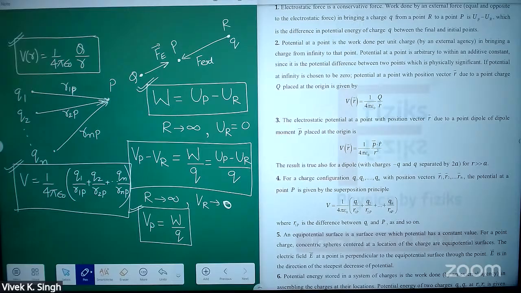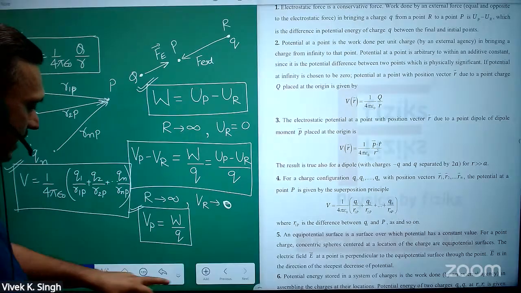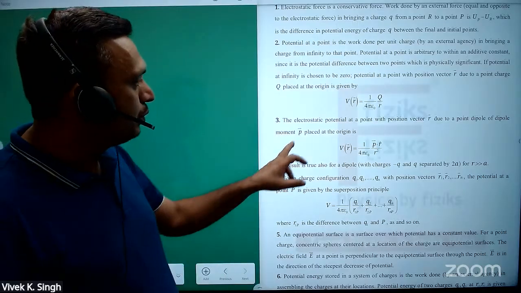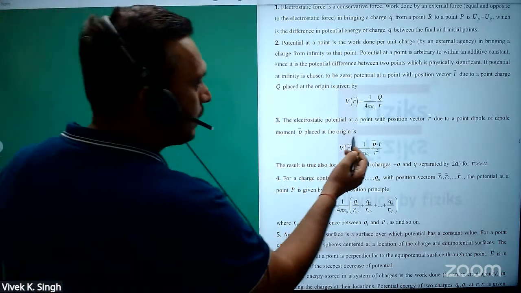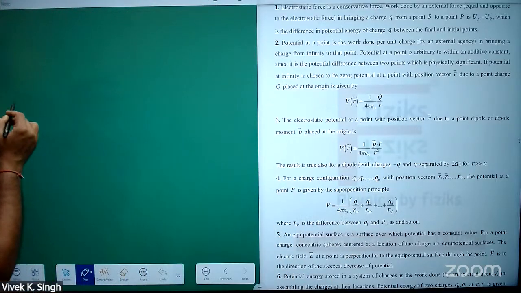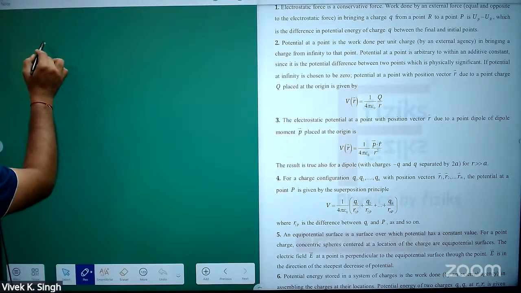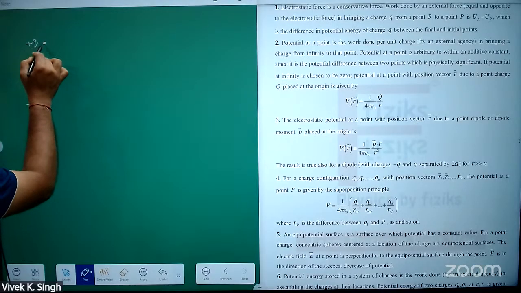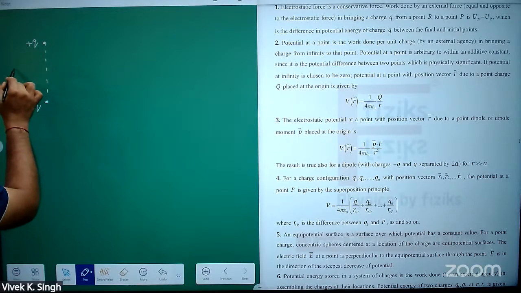So that is the potential due to a single charge and due to n number of charges. Now we can generalize this. Let's see what will be the electrostatic potential at a point with position vector r due to a point dipole of dipole moment P. So this is minus Q and this is plus Q, and the dipole is separated by a distance 2a.